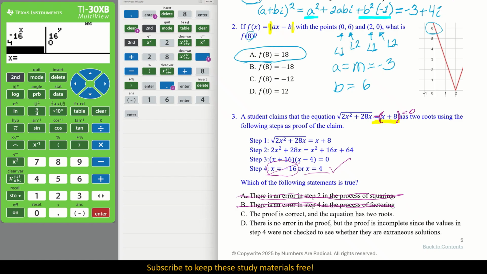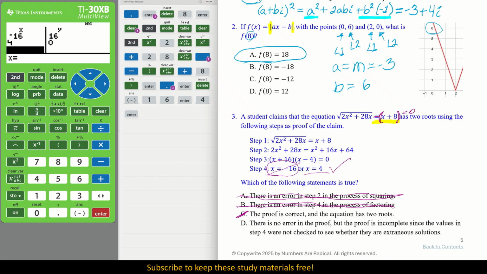C, the proof is correct and the equation has 2 roots. That is not true. We put it in the calculator and tested it, and there is nothing wrong with the way that we put our expression in. So something has to be amiss, okay? All right, so that's not right.